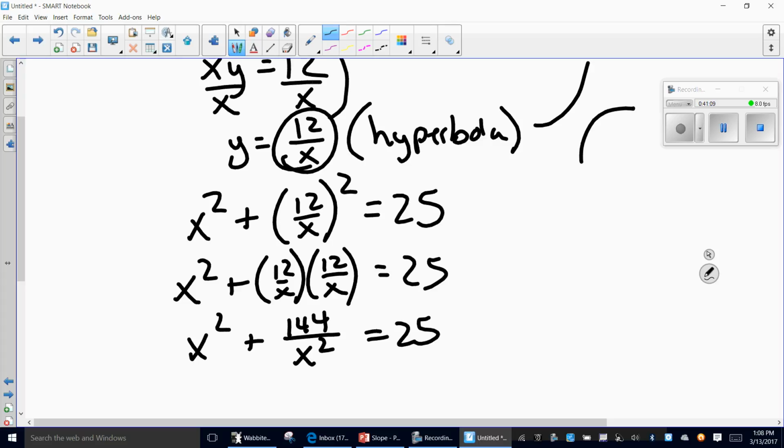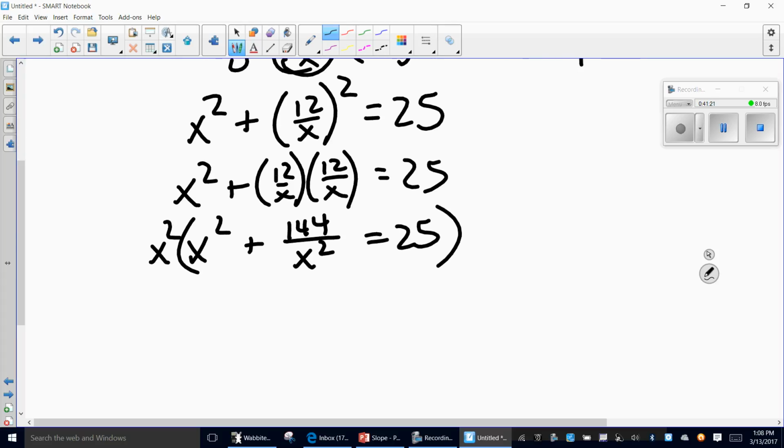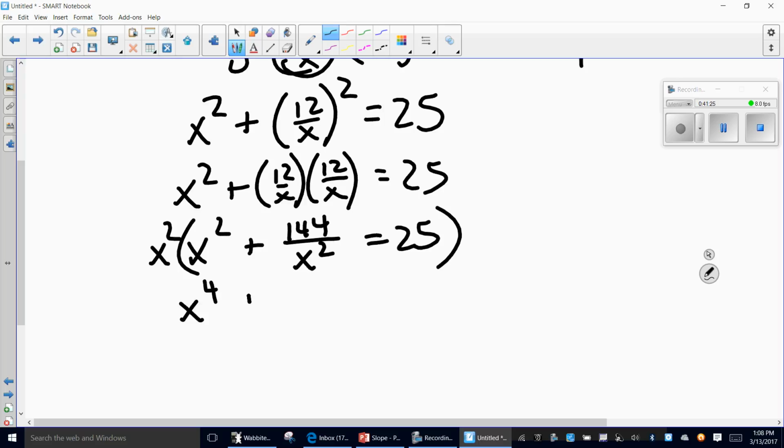Ooh, yeah, gross, disgusting, nasty fractions. Multiply everything by x squared. Multiply by the denominator, and let's get rid of that fraction. So what's x squared times x squared? X to the fourth. Here they cancel. The x squareds will cancel, leaving you with 144. And then over here you get equals 25x squared.